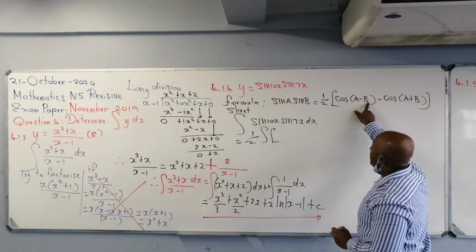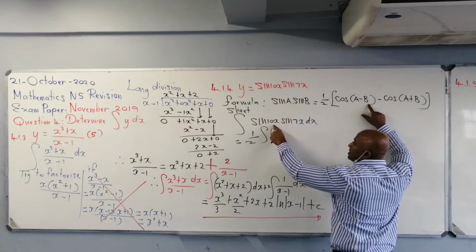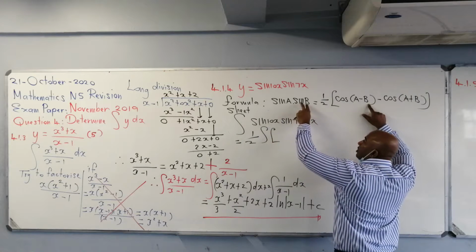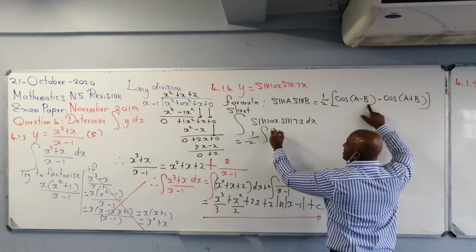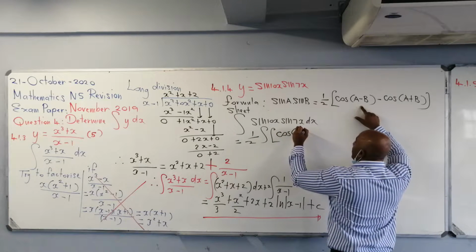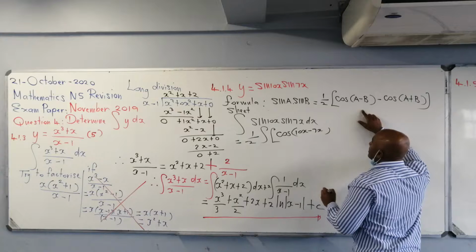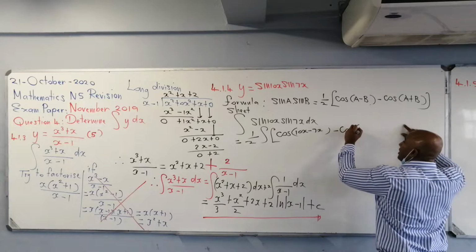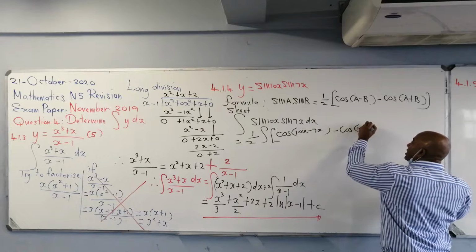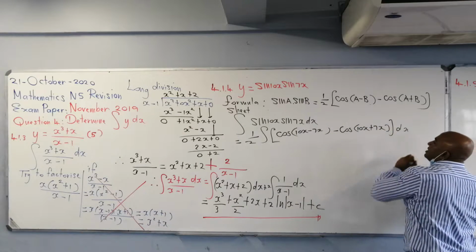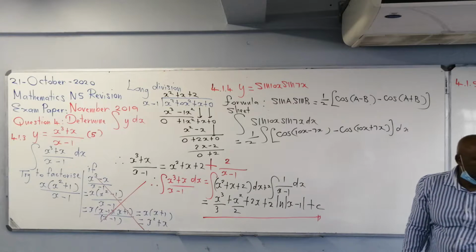Then you got cos of A minus B. So your A is 10x, and your B is 7x. So that's going to be cos of 10x minus 7x, A minus B minus cos of A plus B, which is 10x plus 7x. This is the easiest one you can get under integration.